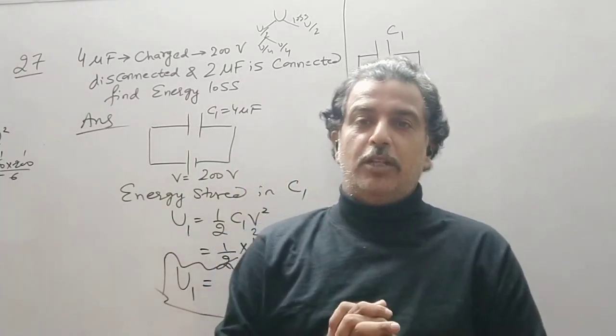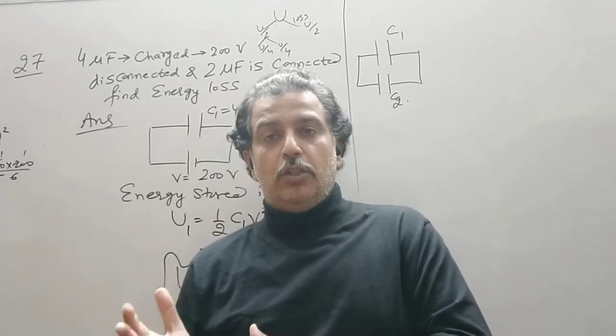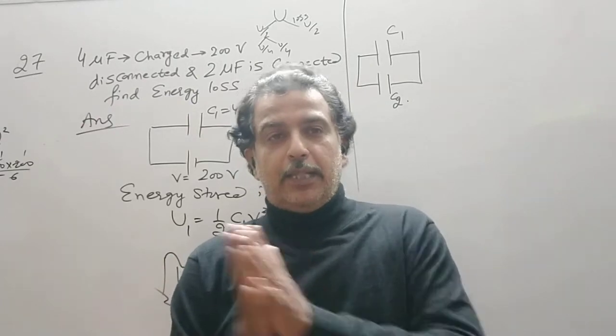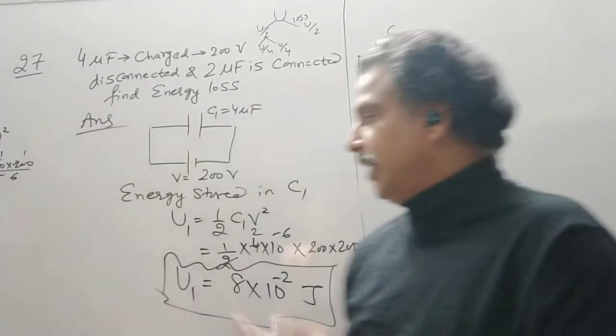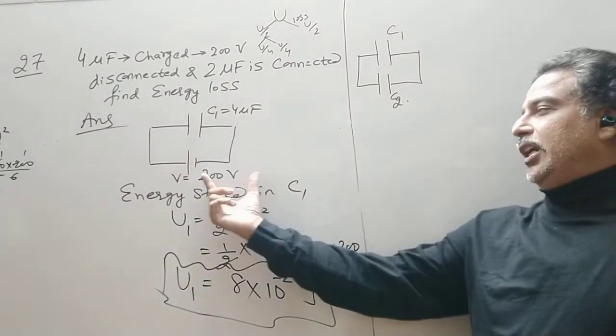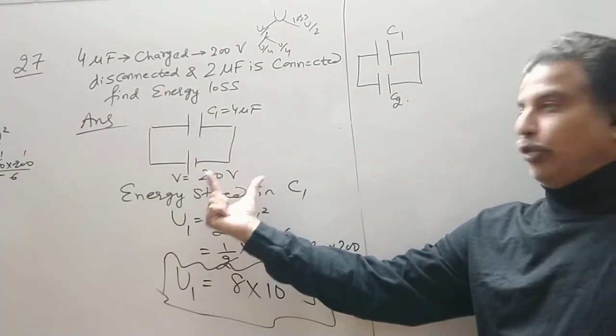That is called a common potential. Not the charge or the energy becoming equal, their potential should become same. So initially C1 was connected to a potential difference of 200 volt.